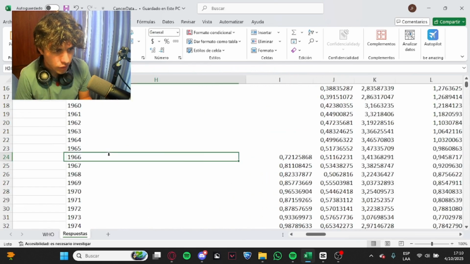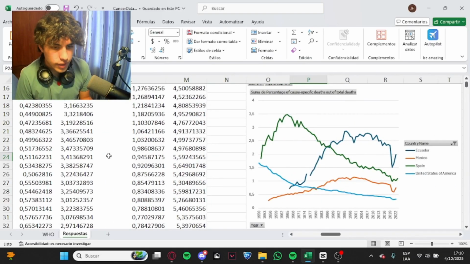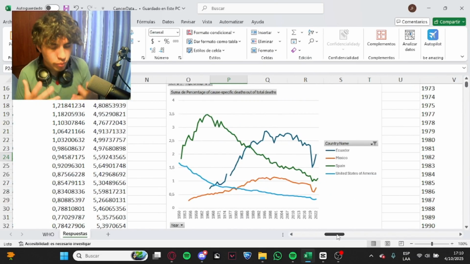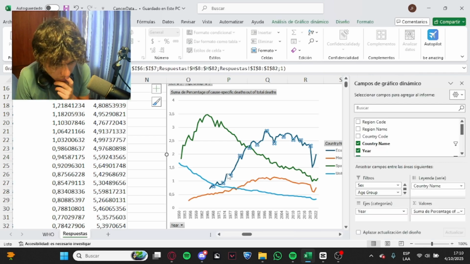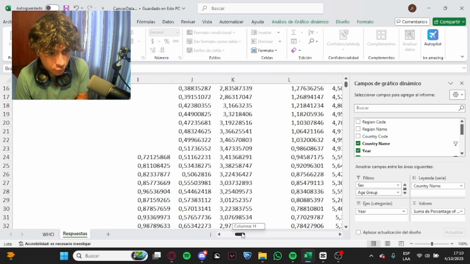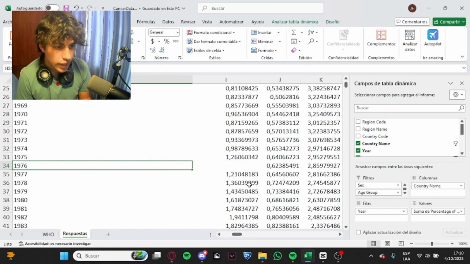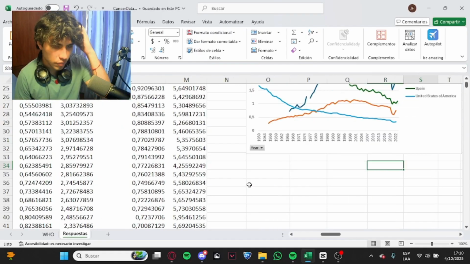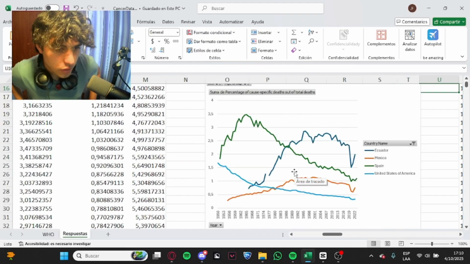So it was from here, 1966, that these people started collecting data for Ecuador. As well, here we have this gap, which I believe is because they didn't have data for that year, 1976. They didn't take any data for that year.